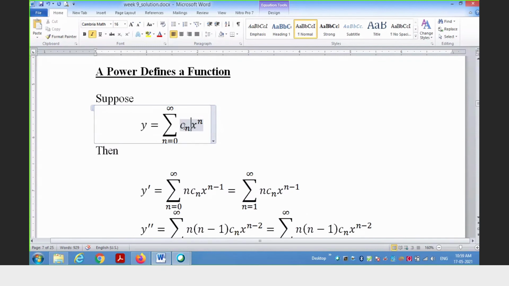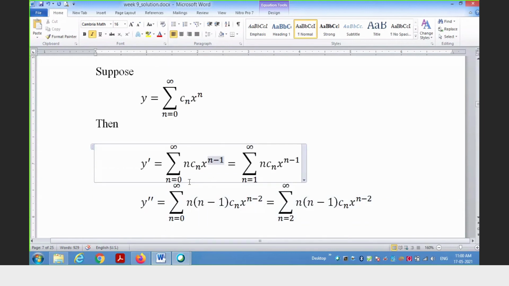We differentiate Cn x to the n: you bring n in front, Cn remains unchanged because Cn is constant, and x is the independent variable, so x reduces its power by 1. So when y equals the summation from n equals 0 to infinity of Cn x^n, y prime will be n Cn x^(n-1), with n from 0 up to infinity.